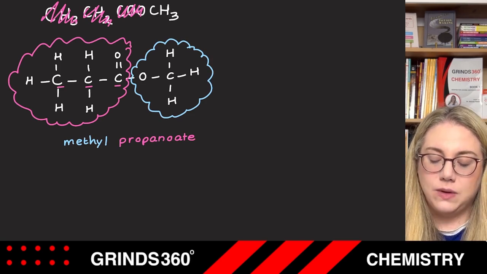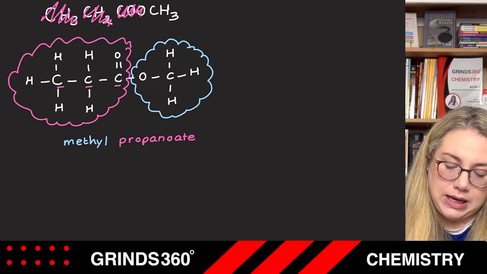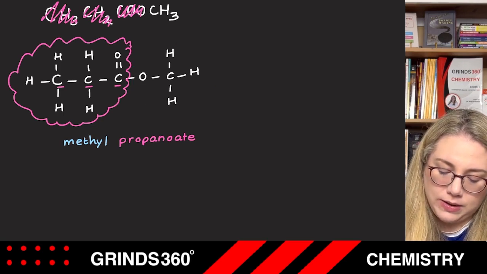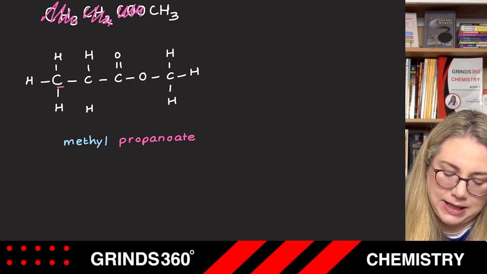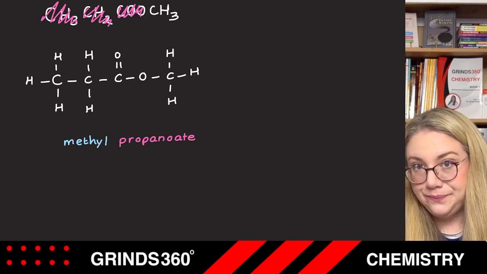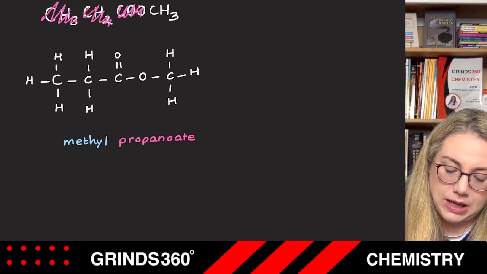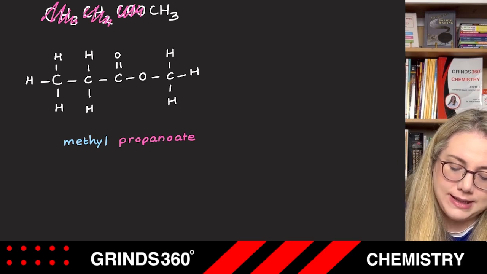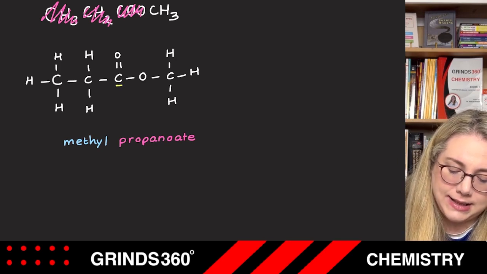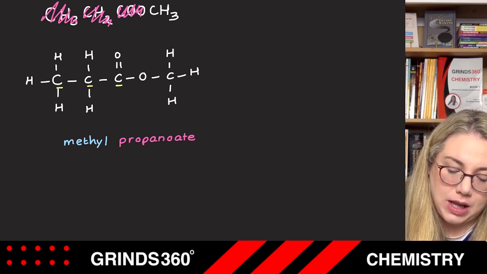If they ask you for another isomer of this ester, now normally what we would do when we're drawing isomers is you take a methyl group off the end and you stick it in the middle. That's not going to fly here. Instead, the easiest thing that you can do, now watch what I'm doing, is have a look on this side where the carboxylic acid is. You have 1, 2, 3 carbon atoms.